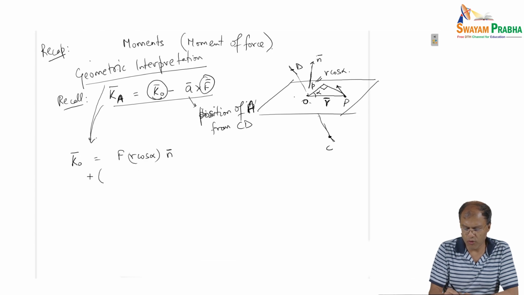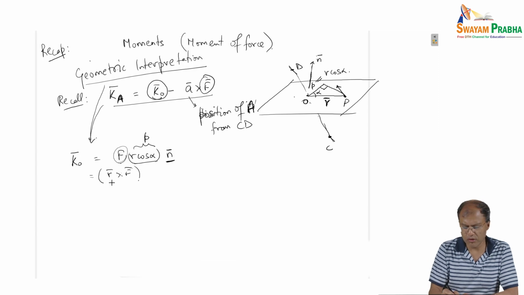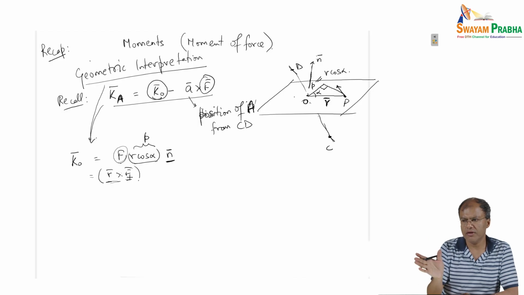We see that Ko is R cross F. Geometrically, this formula implies that we are taking F, the magnitude of the force acting on the particle, times the perpendicular distance r cos alpha, which is p, times the direction of this moment, n hat, which is perpendicular to the plane containing both vectors R and F. If we use the right hand rule, we align our four fingers first along the R direction and then along the F direction, and our thumb points along the direction where the moment is acting.